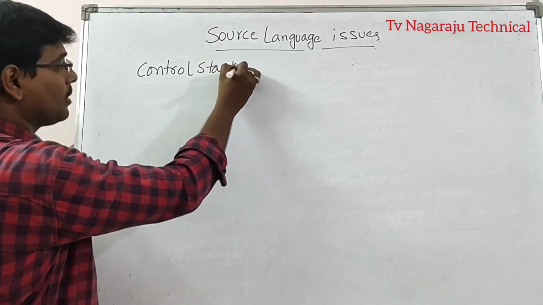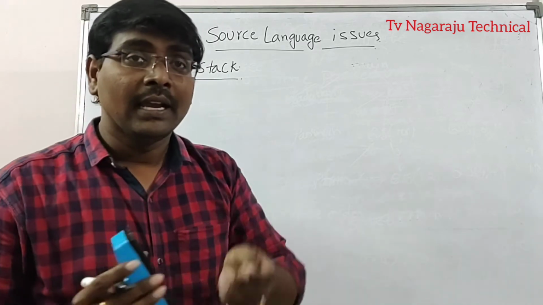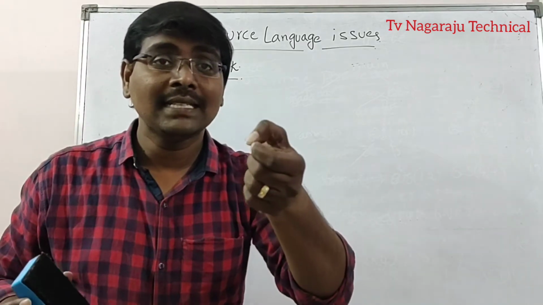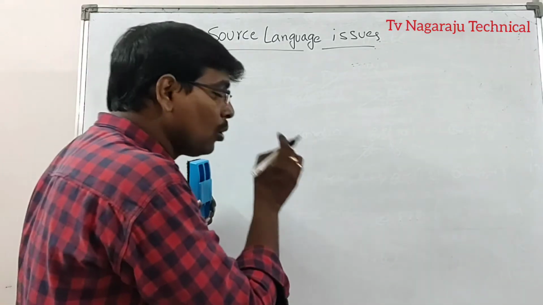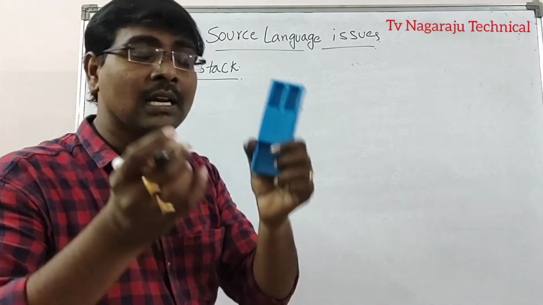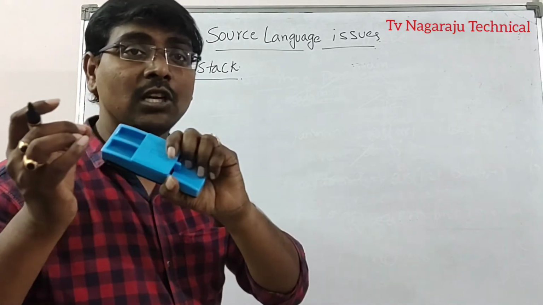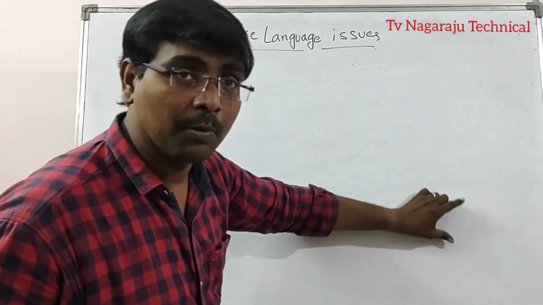Now, my second point is the control stack. It is also called the runtime stack. What is the purpose? This control stack keeps track of the procedures whose executions are not completed. For example, you have a set of procedures.